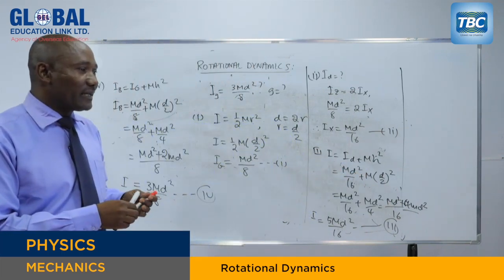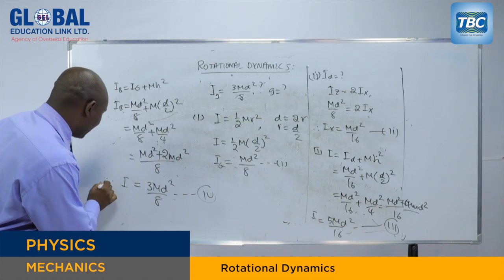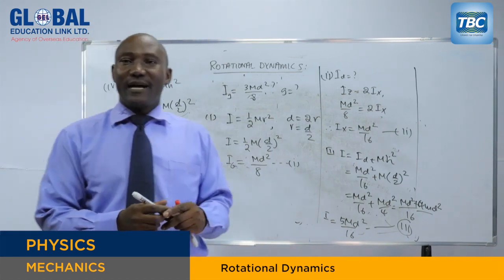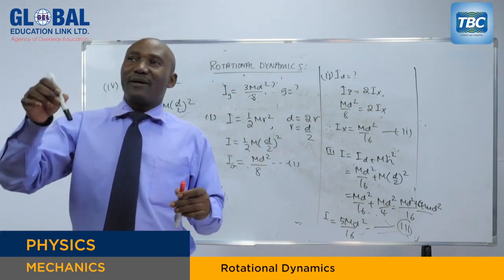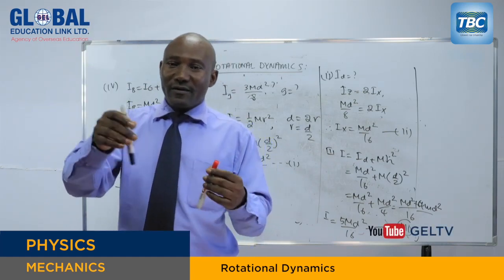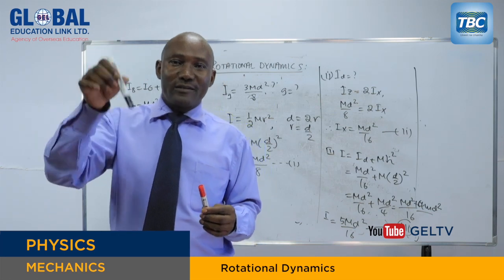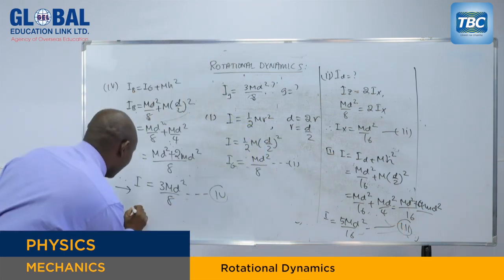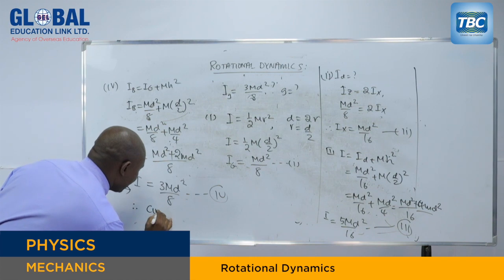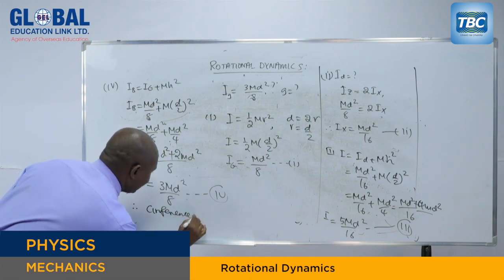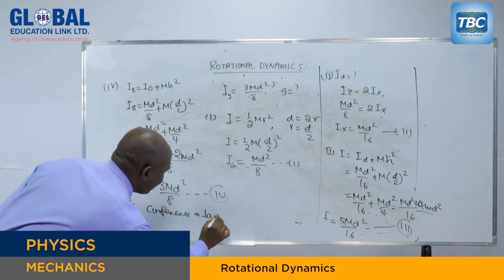At the last, we found that the object was rotating about an axis passing through the circumference of the disk, but perpendicular to the plane. This is the answer.